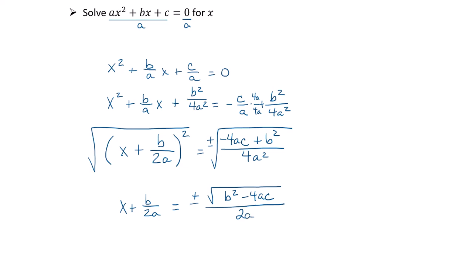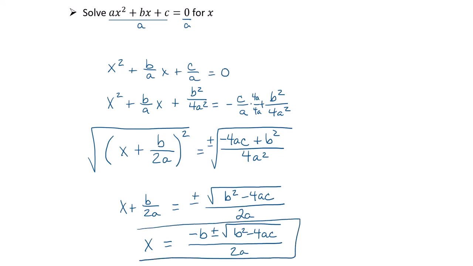Now to isolate x completely, I subtract b over 2a from both sides. So I get a negative b plus or minus square root of b squared minus 4ac all over 2a. I could do that because they have the same denominator. And you might recognize this special equation.